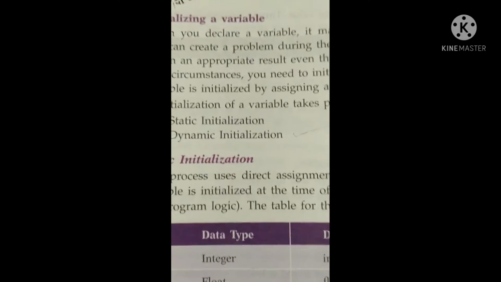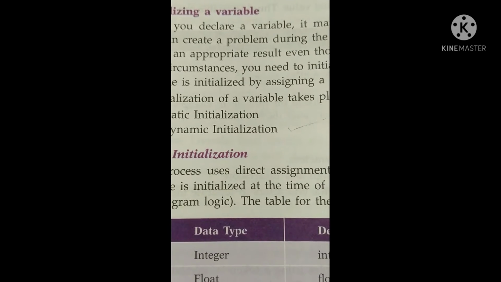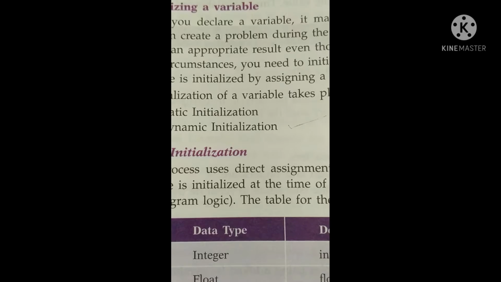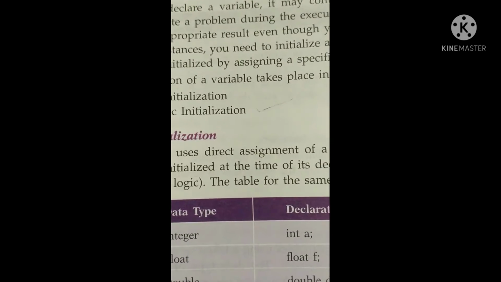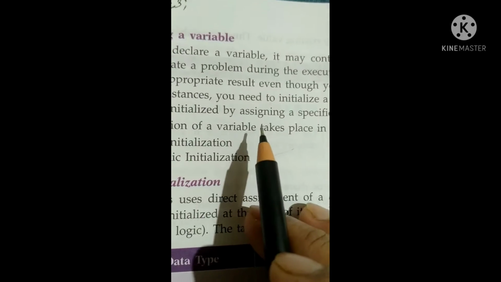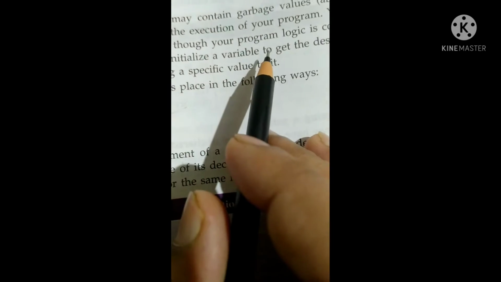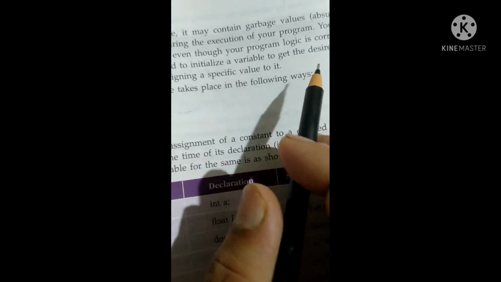Even if our program's logic is correct, we will not get the desired output. That's why we should initialize. You need to initialize a variable to get the desired output.